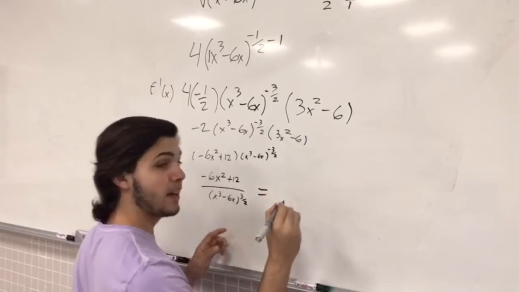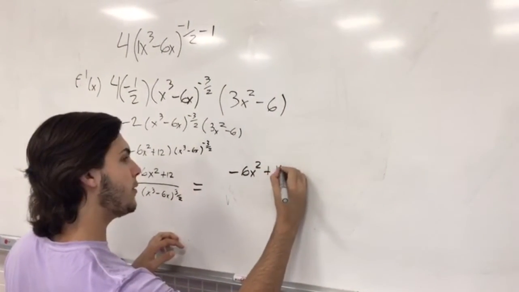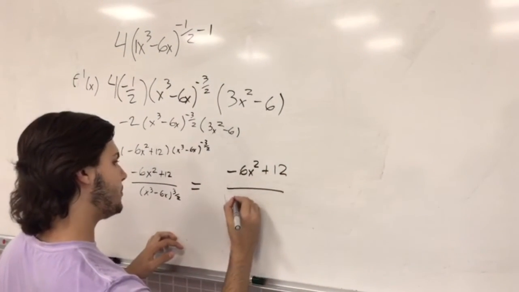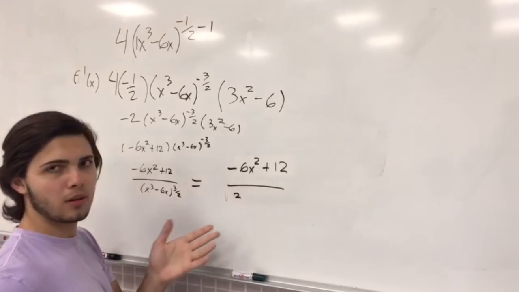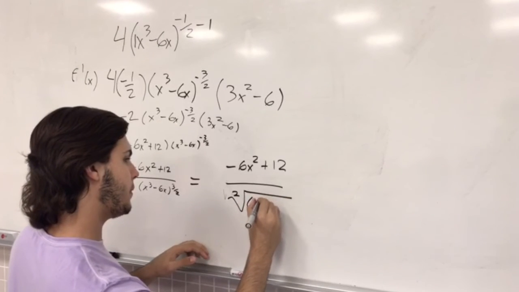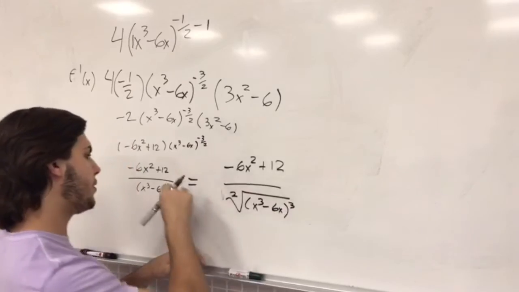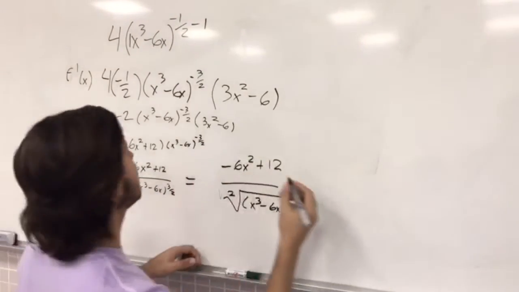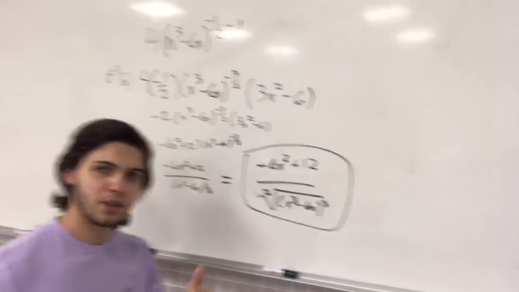So the final answer will be minus 6x squared plus 12 over the square root of x cubed minus 6x to the 3rd power. This will be the answer. There you go, guys.